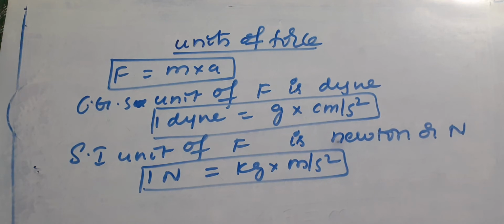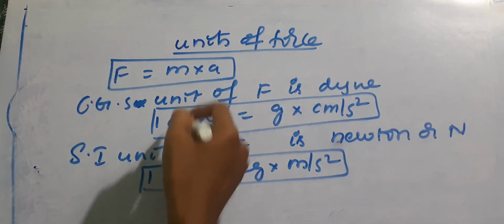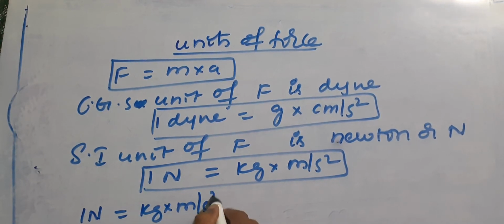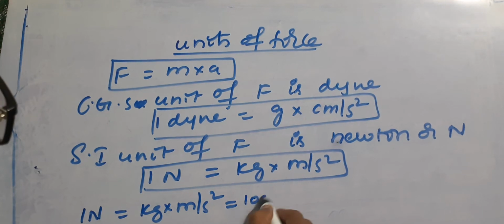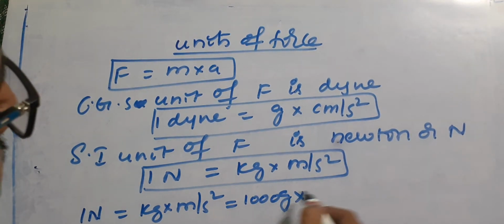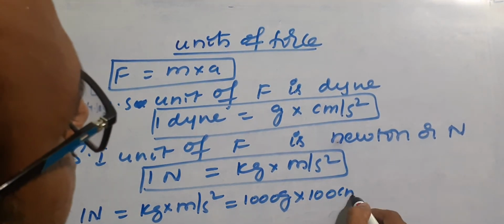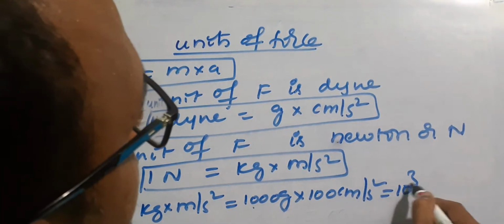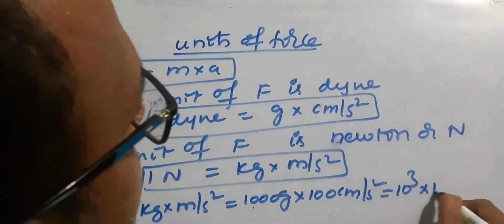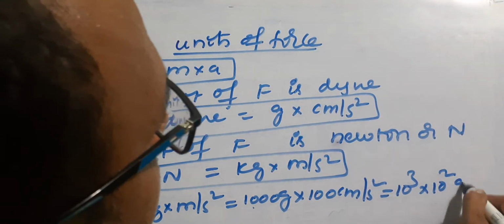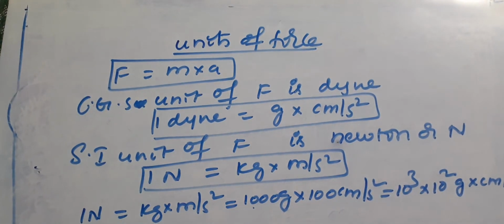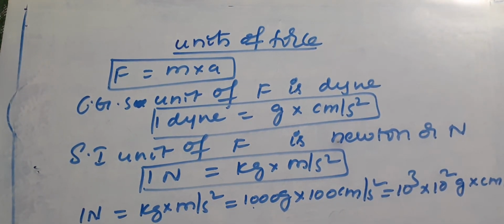Now what is the relation between Newton and dyne? We know that 1 Newton is equal to kg meter per second square. But kg means 1000 grams and meter means 100 centimeters. So 1000 can be written as 10 cube and 100 as 10 square.